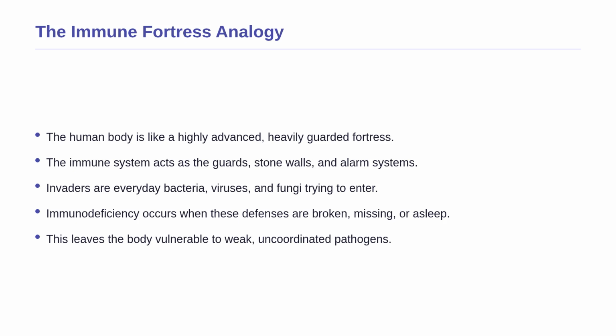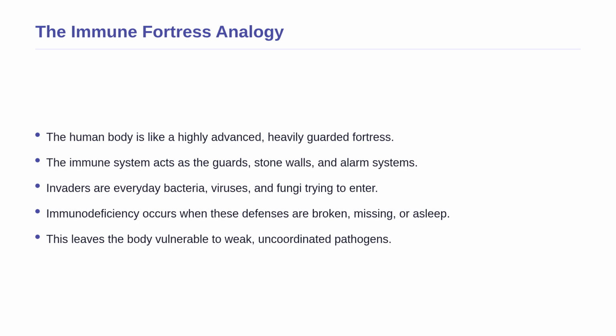Now that we have introduced our topic, let us start with a simple analogy to understand what immunodeficiency truly means. Imagine a highly advanced, heavily guarded fortress designed to keep out dangerous invaders. Normally, the guards are alert, the stone walls are strong, and the alarm systems work perfectly to detect any breach.